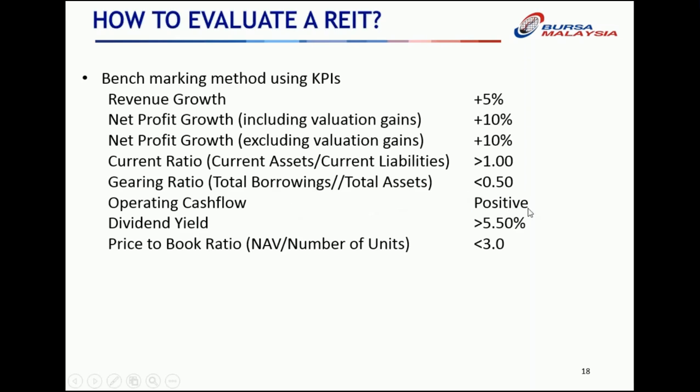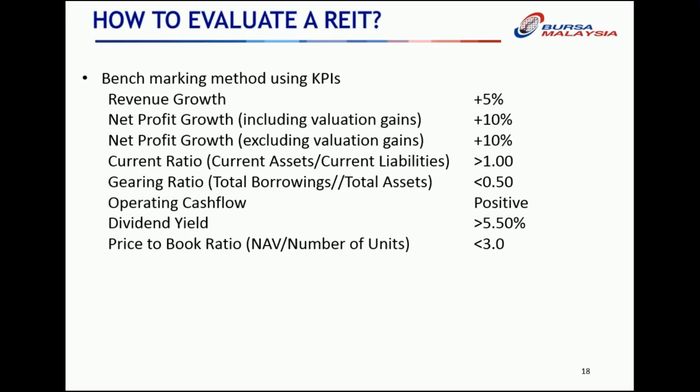Now, the other thing is that operating cash flow is very important when you're investing in a particular company. The operating cash flow ideally should be positive, and then the dividend yield must be more than 5.5%. Now, this 5.5% is not plucked out of thin air, there's a rationale behind it.